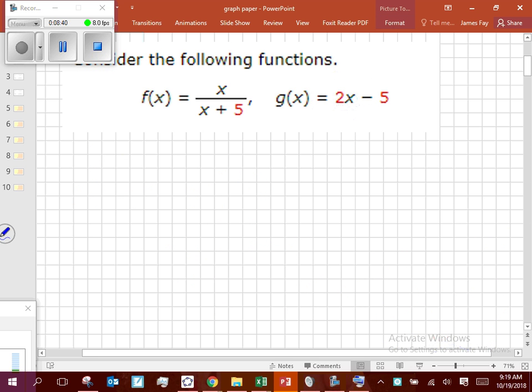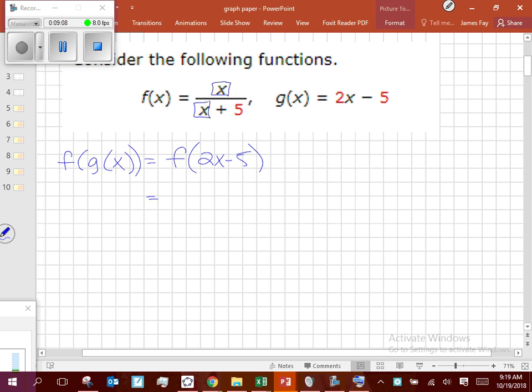Let's go, like we just did, g of f of x. Let's flip it. Let's do f of g of x. That's going to look like f of 2x minus 5, right? Now that essentially means there's a box there, and a box there, and we've got to put 2x minus 5 in those spots.